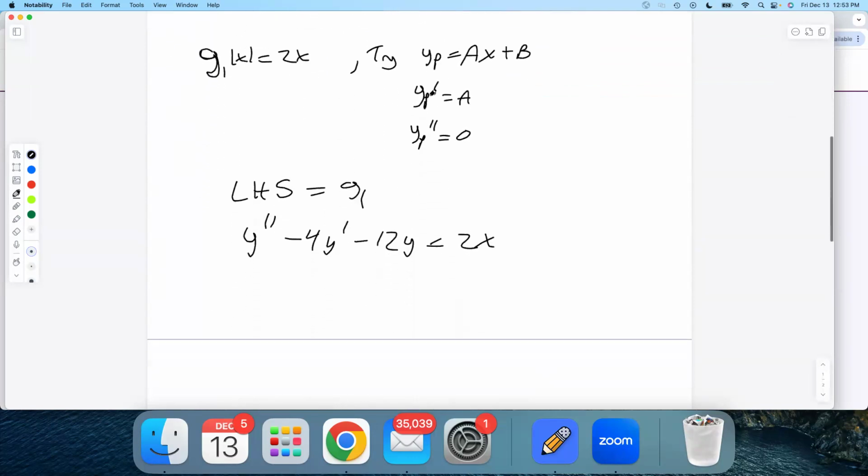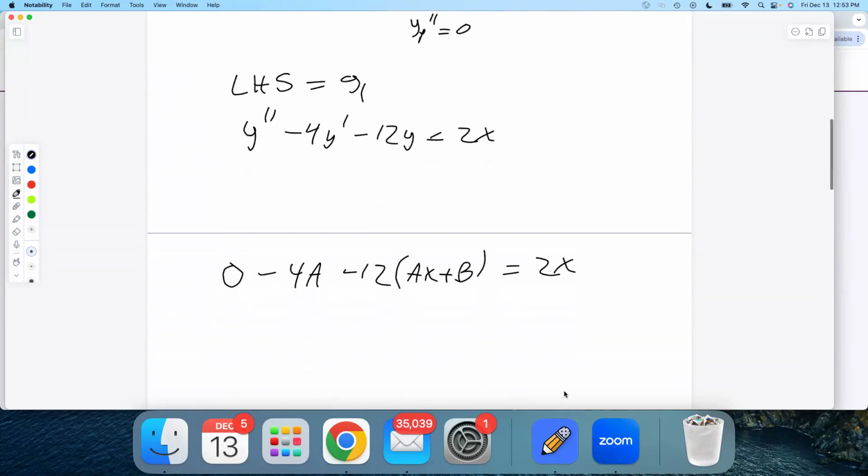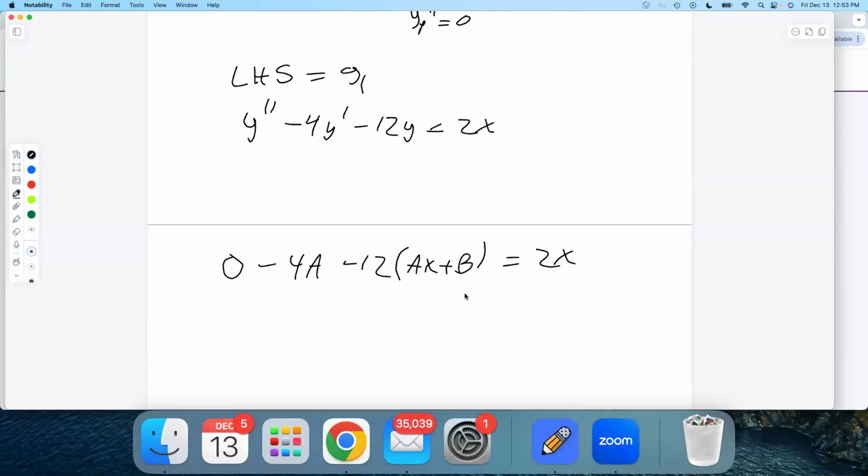So let's plug all of those in and see what we get. 0, I'm going to write this out in all its glory, minus 4 times a minus 12 times all of that. And that's just supposed to equal 2x. Now, the only way these two polynomials of x can be equal is if all the coefficients are equal. So I need to clean this up: minus 12ax minus 4a minus 12b is supposed to equal 2x.